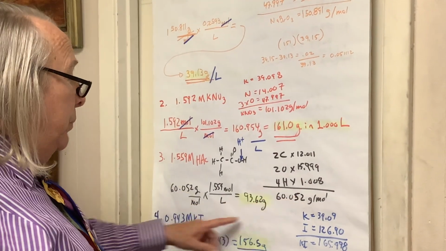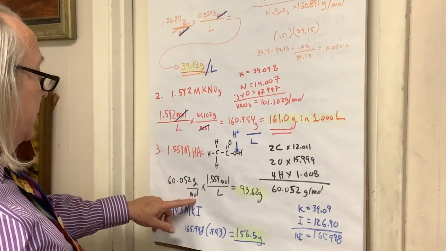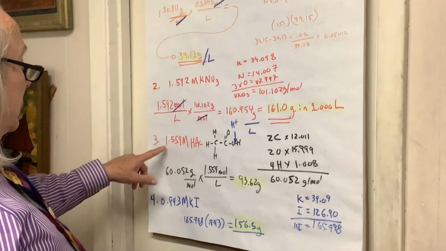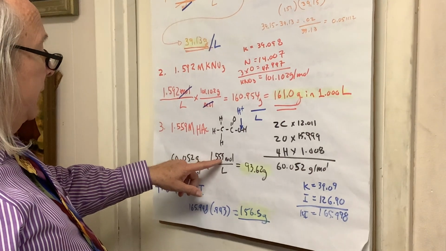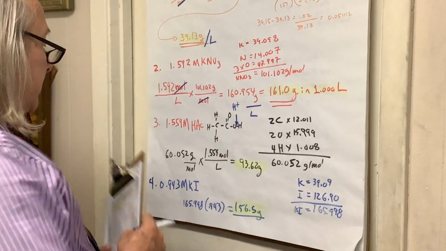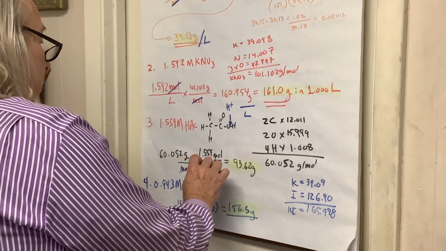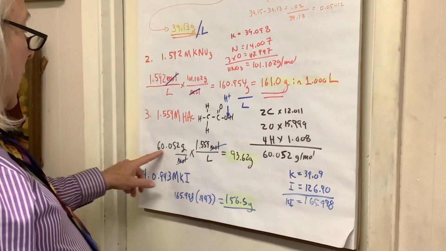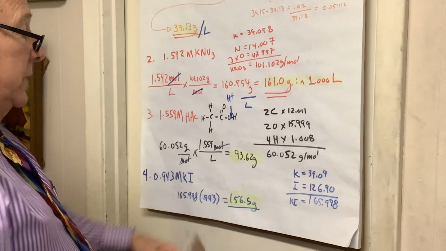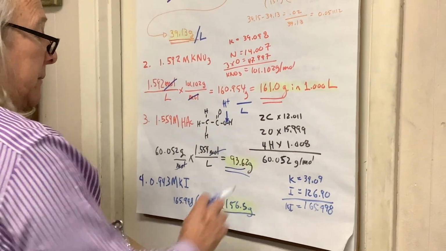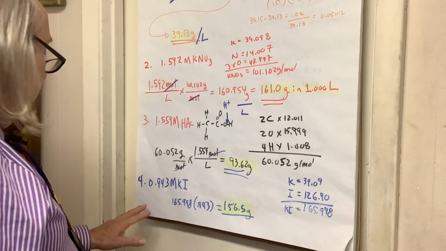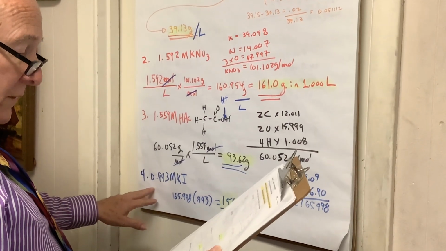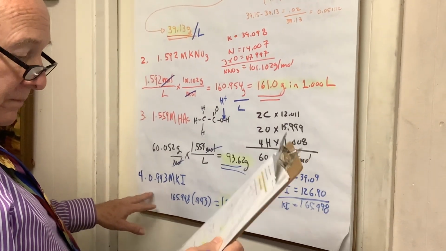Anyway, if it's 60.052 grams per mole, and this solution has 1.559 moles per liter, my moles will cancel. And in this 1 liter, I will have 93.62 grams. The next one, and the last one on the first page, is potassium iodate.